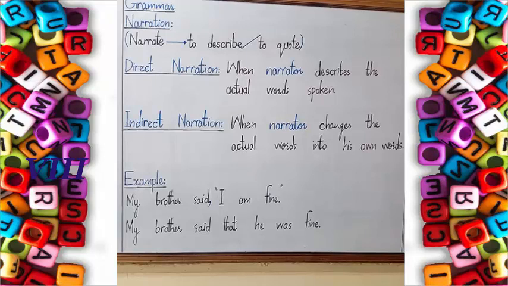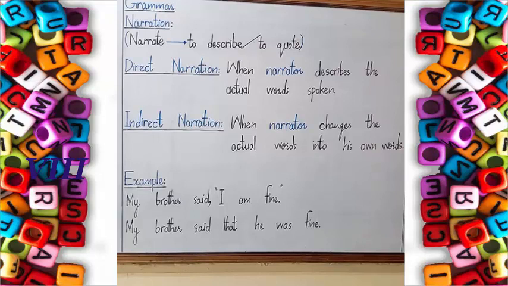Let's understand this with the help of an activity. I will exemplify direct and indirect narration with the help of an activity, and for that activity I want you to call for either your brother or sister, whoever is available around you.